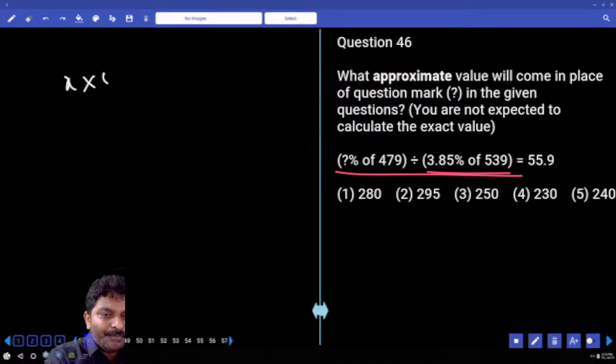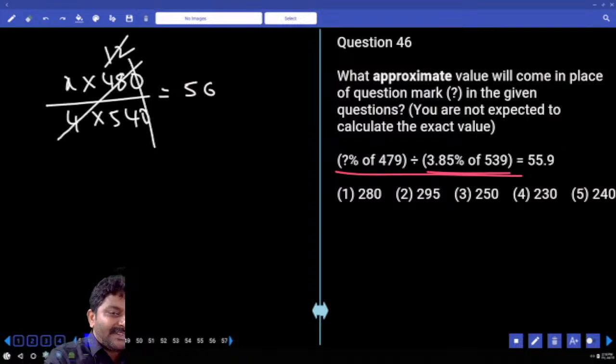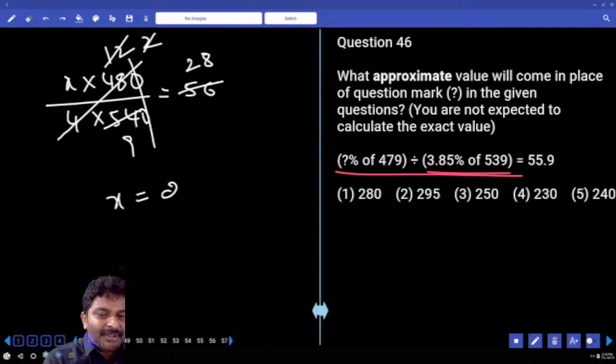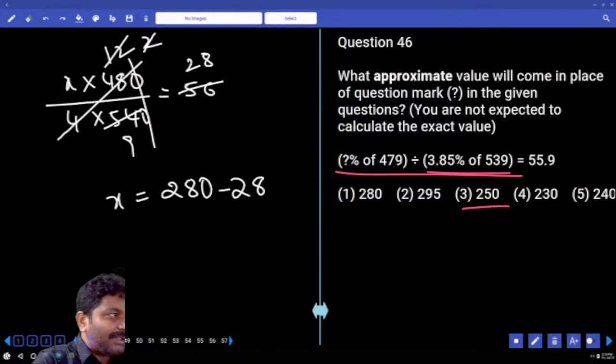X into 480 divided by 4 into 540 is equal to, 0 gets cancelled. 12 times 6. 2 times, 9 times, 28 times. X is equal to 28, 9 times only. 10 times minus 1 time, 252. Approximate 250.